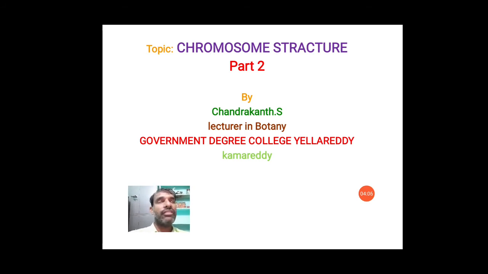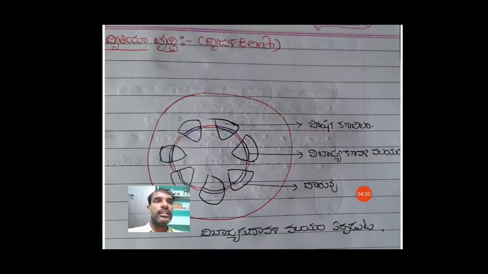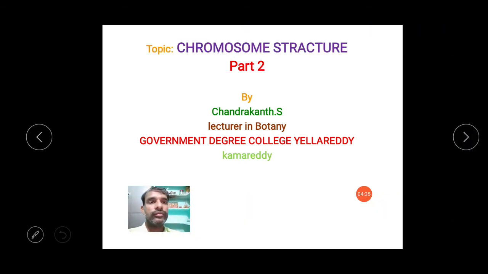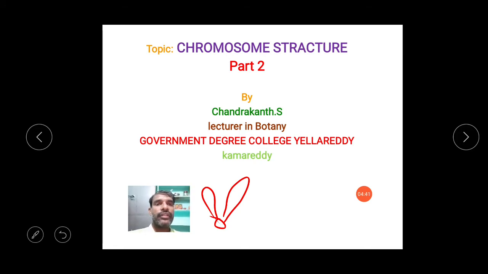Based on the centromere position, we can divide chromosomes into mainly 4 different types. First is the metacentric chromosome. In metaphase we can observe a V-shaped structure of the chromosome, with the centromere present on the central side.